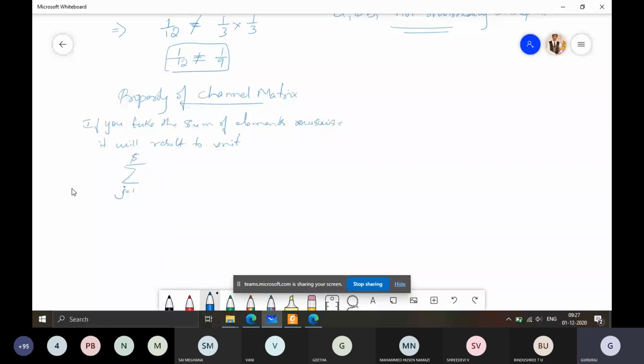Whenever it is the sum of elements in a row, j will vary, not i, because i is common for that particular row. So P of Bj by Ai is equal to 1. This is the property of channel matrix.